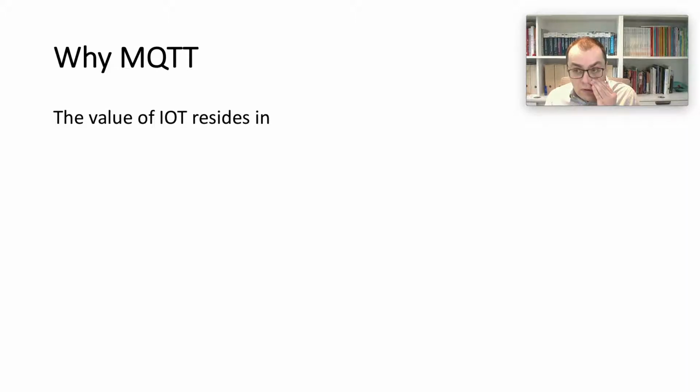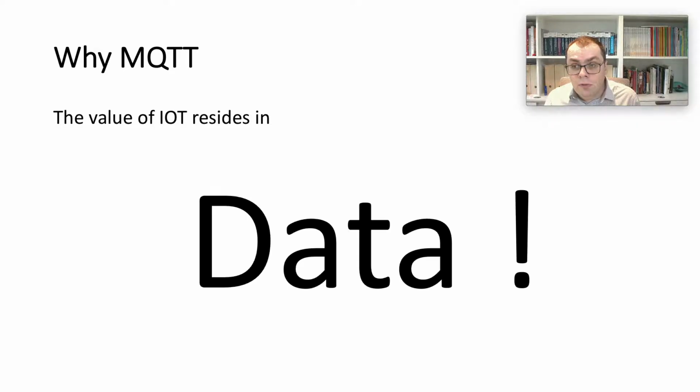So why MQTT and why is this important? If we move backward a little bit, the value of IoT resides in data. We're going to have a lot of data coming from a lot of places, and we need to have a central point of collection, and we need to structure the data.